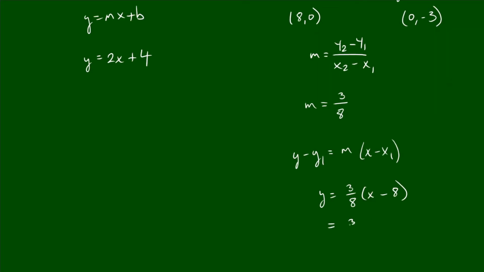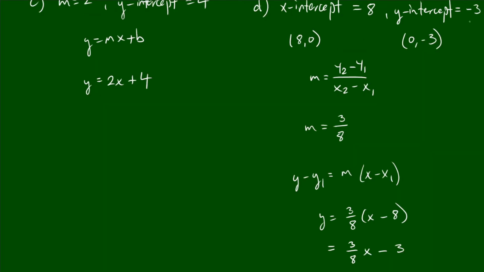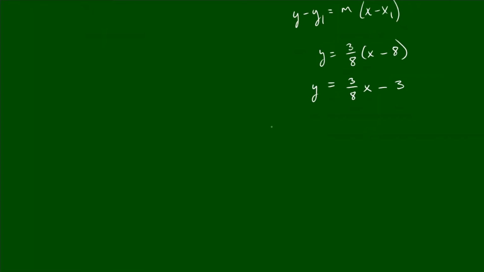Now if you expand that, you have 3 over 8 x minus 3, which is the y-intercept given in the question. The equation of the line that goes through that x-intercept of 8, 0 and that y-intercept of 0, -3 is y equals 3 over 8 x minus 3.